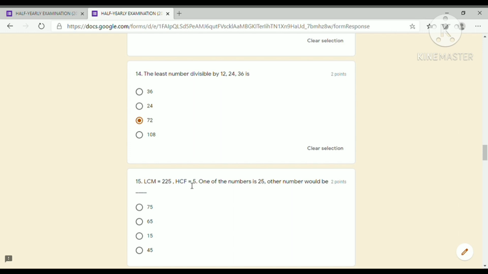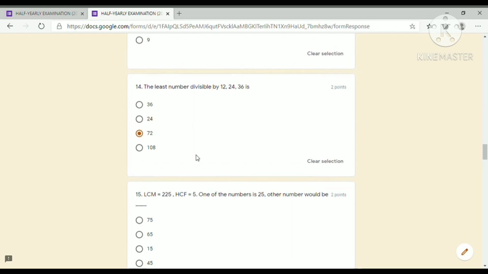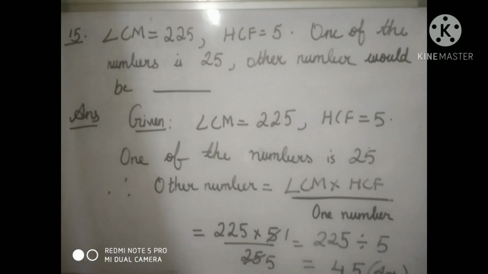HCF into LCM is equal to the product of the numbers. That means 225 into 5 is equal to 25 into the other number. So to find the other number, we multiply 225 into 5 and divide it by 25. When we divided, we got the answer 45.